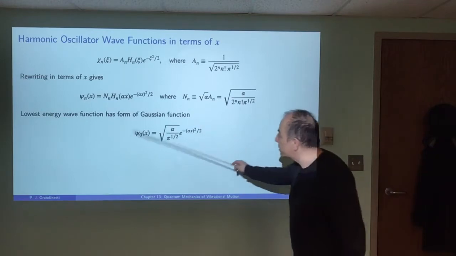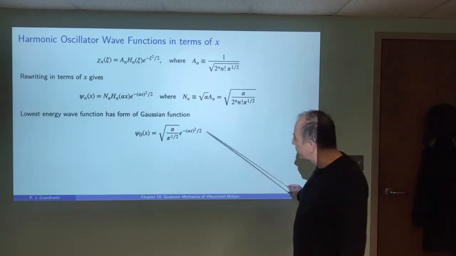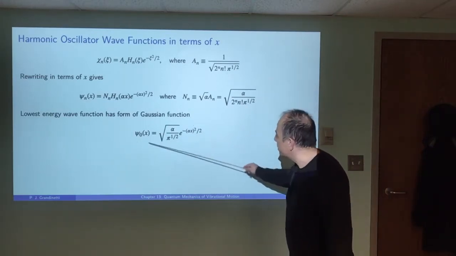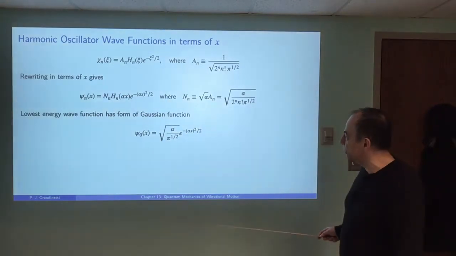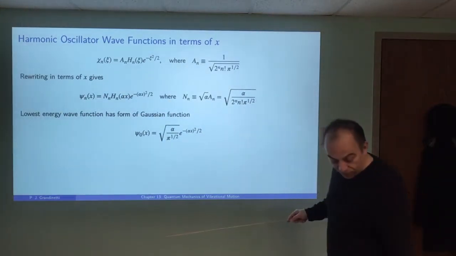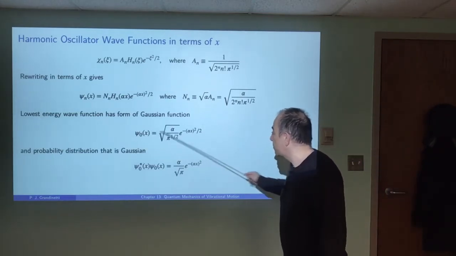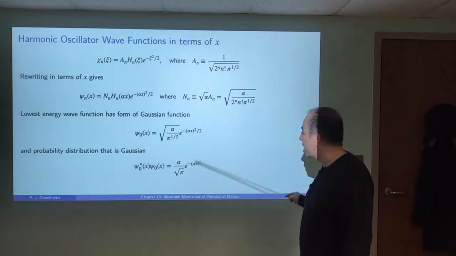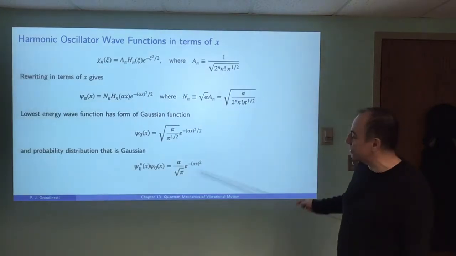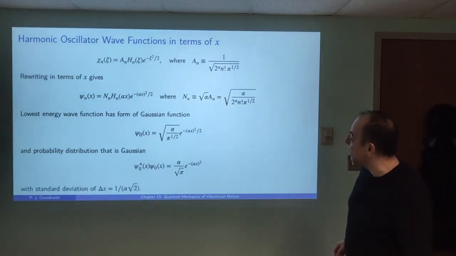The lowest energy wave function, the n equals 0 one, turns out to be just a simple Gaussian function. When you multiply it times its complex conjugate, you also get a probability distribution that is Gaussian.